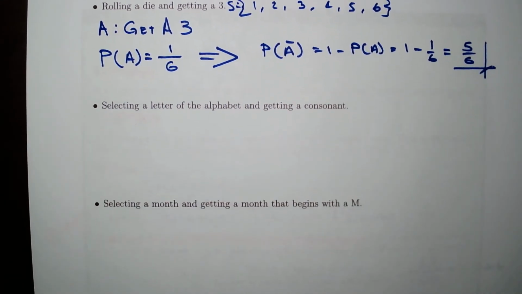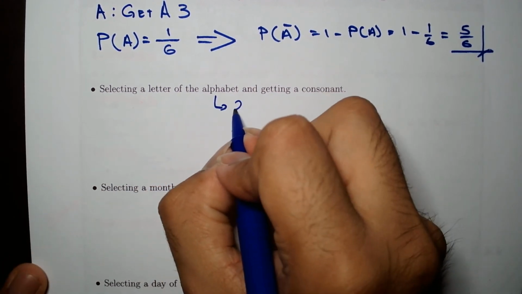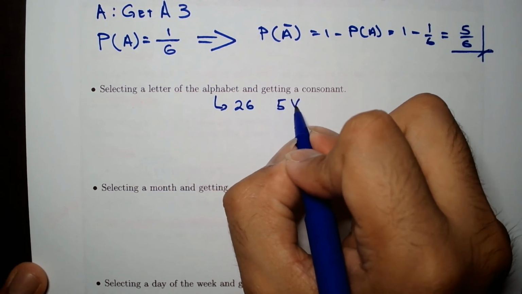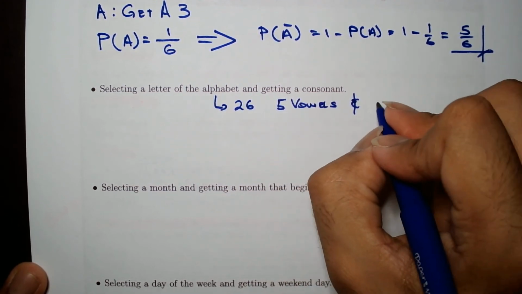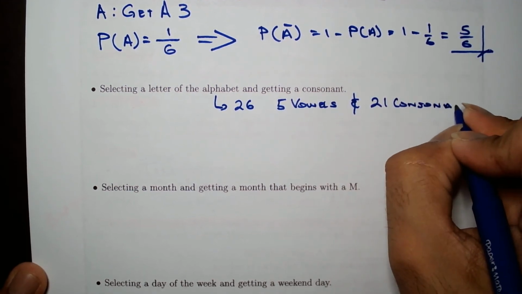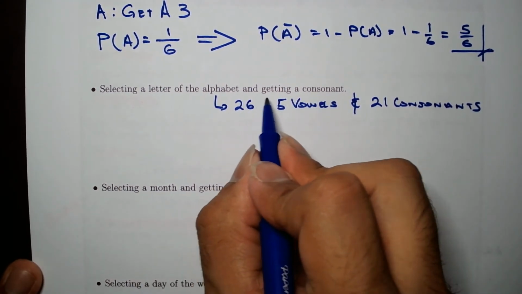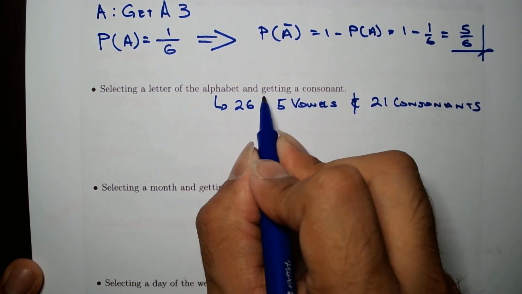Selecting a letter of the alphabet and getting a consonant. The alphabet contains 26 letters, of which 5 are vowels and 21 are consonants. So we want the probability of the complement of getting a consonant.